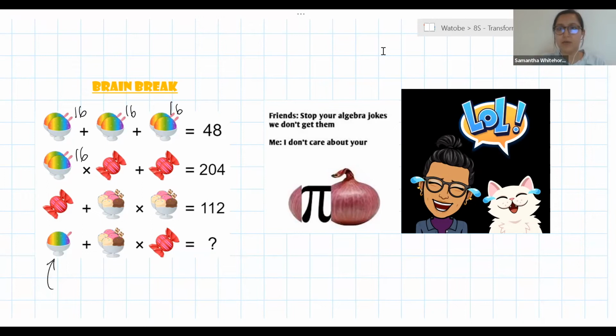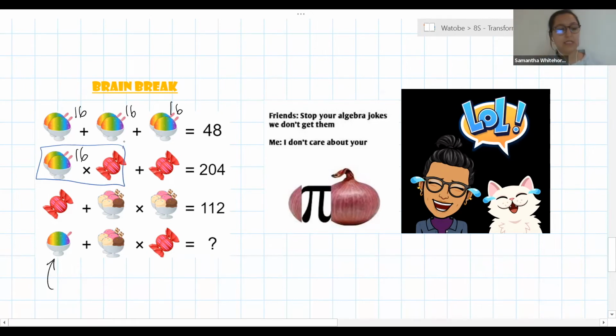Okay, Wendy, do you have something else for us? The second one is 16 plus 94 plus 94. Okay, so just remember when we are having a look at multiplication and addition, we always want to do the multiplication first.